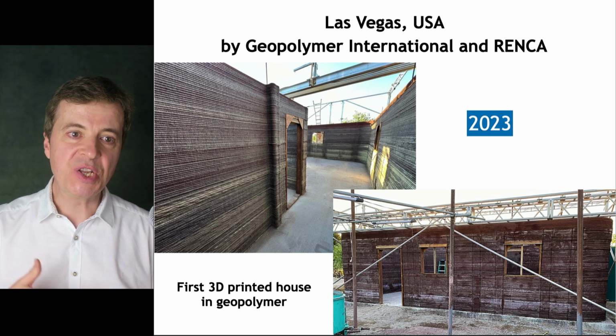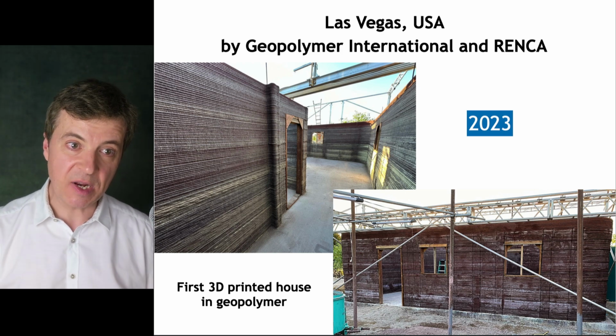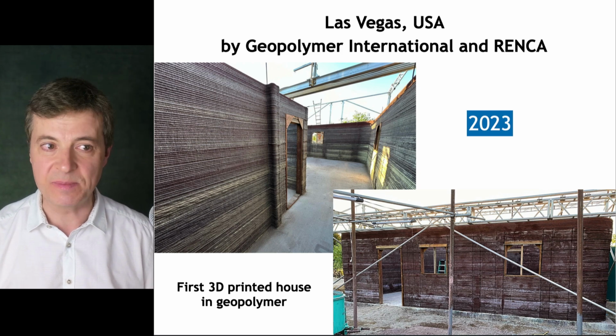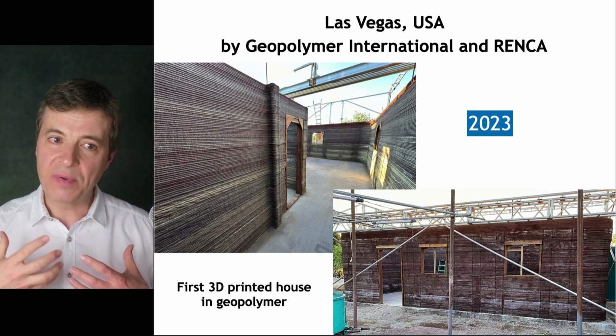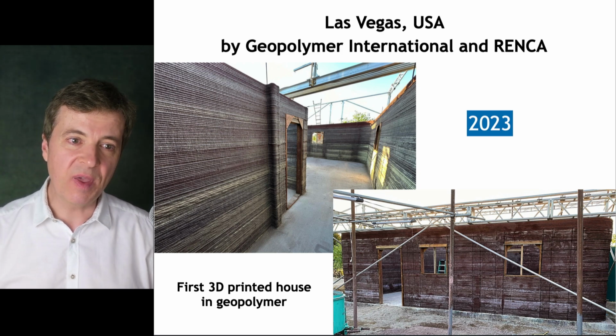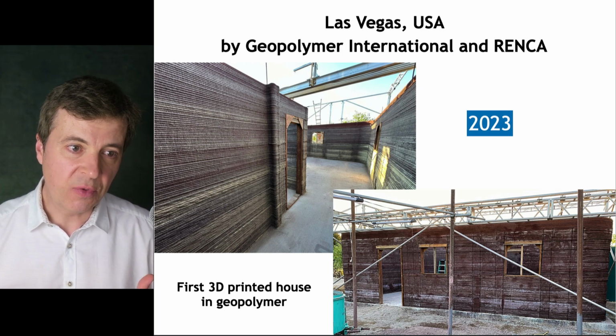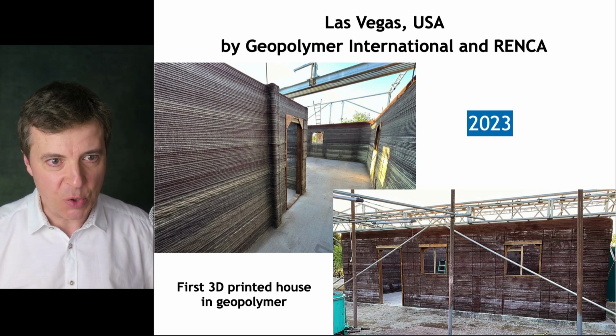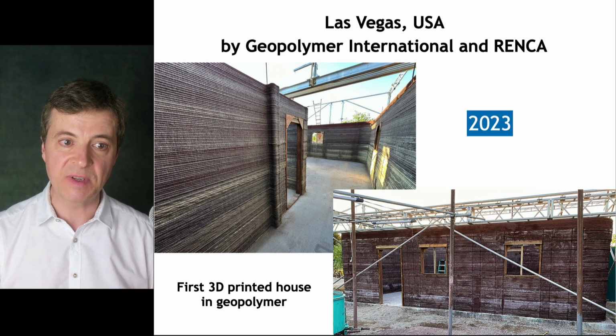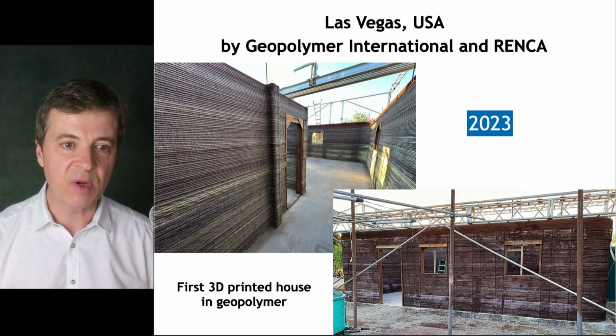Finally, when engineers have a good understanding of true geopolymer systems, they can develop innovative processes with highly complex formulations. They were able to 3D print the first geopolymer cement house in Las Vegas in the USA in 2023.